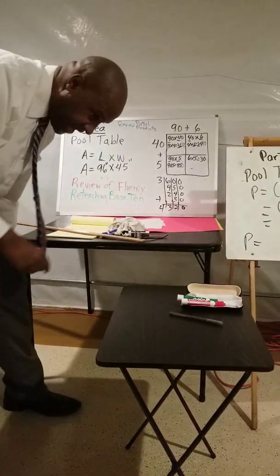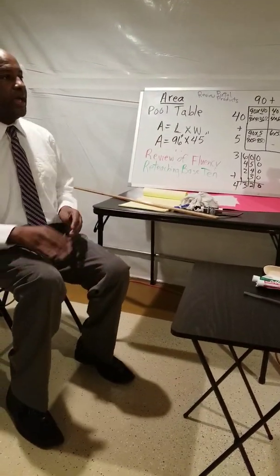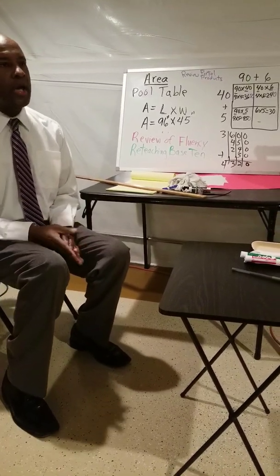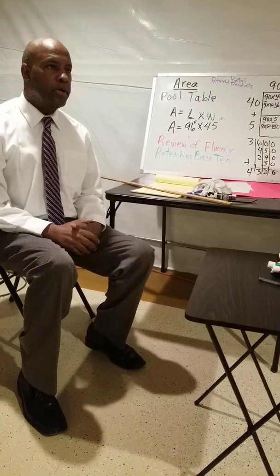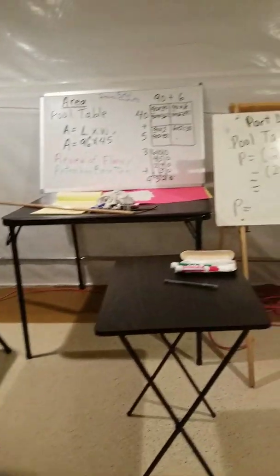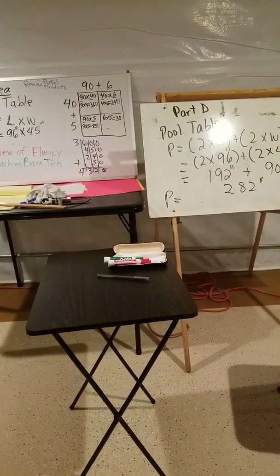And so that's a look there, taking a look at the ping pong table, card table, and pool table to identify the perimeter and the area for those three particular objects.